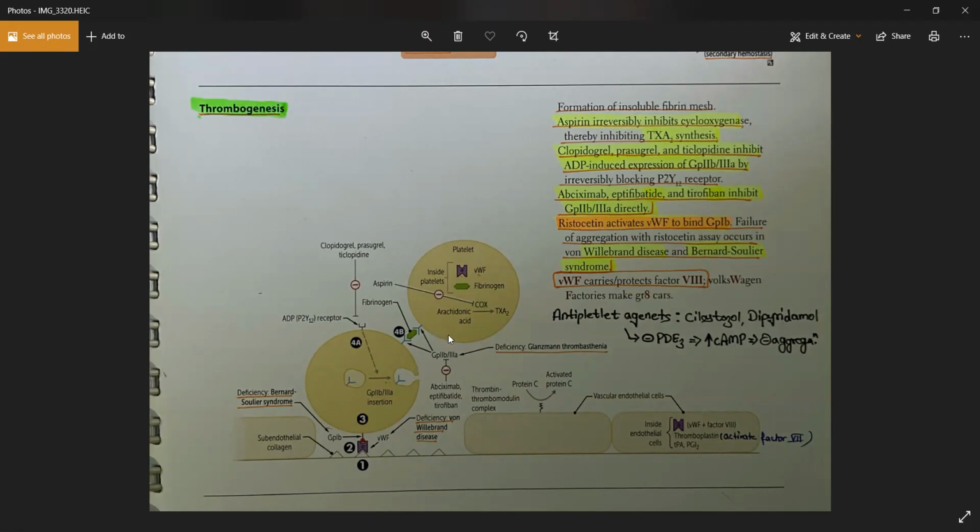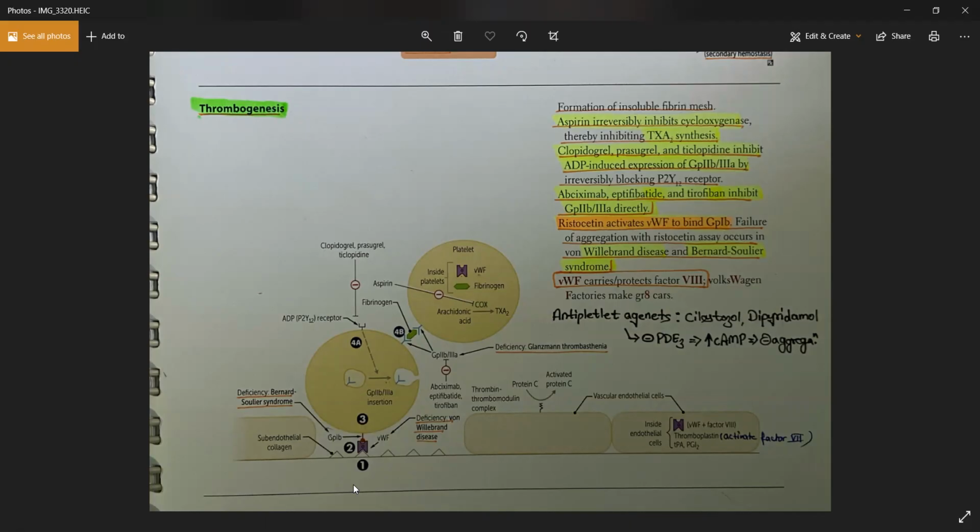If even after giving the patient ristocetin the aggregation won't happen, that means the patient will be deficient in von Willebrand factor or glycoprotein 1b. Is that okay?